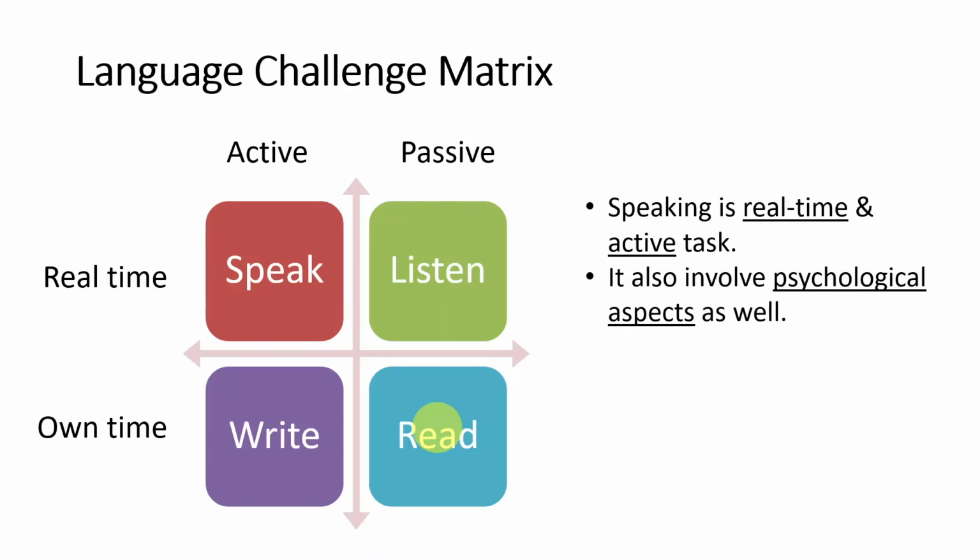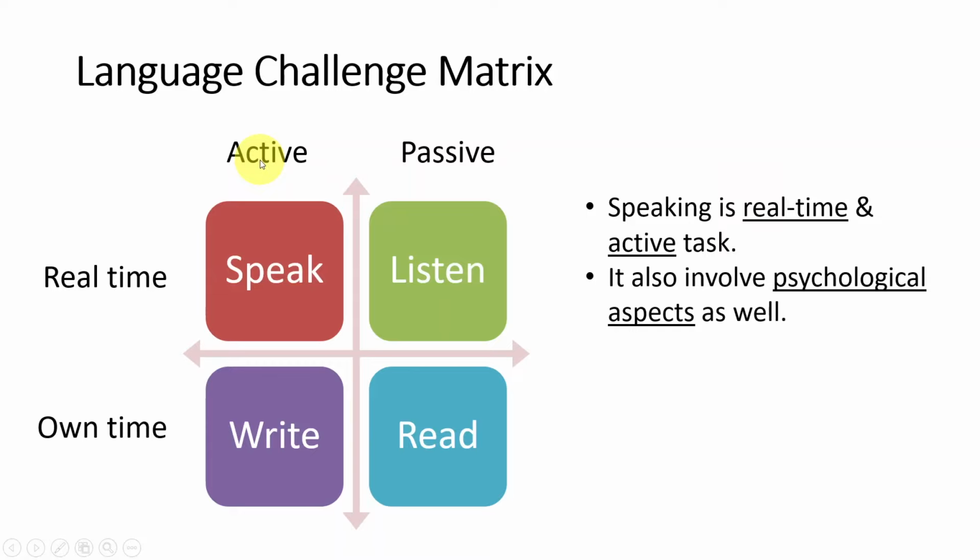And let's look at it in another way. When it comes to speaking and writing, we have to do it. So we are the active entity. But when it comes to listening and reading, we are the passive entity. And doing something is a little bit more challenging than passively receiving it. So now you can see that when it comes to speaking, it's both real time and active.